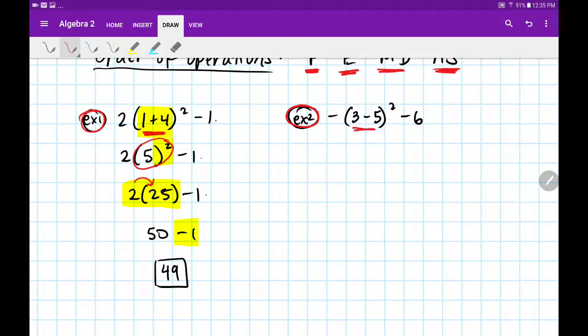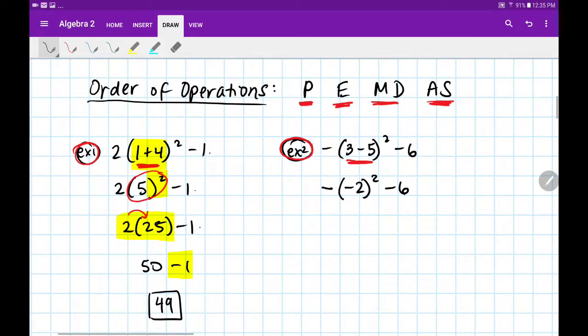Let's do number 2. Focus inside the parentheses first. So everything else, we're just going to rewrite it. Don't touch anything. 3 minus 5 is negative 2. That gets squared, minus 6. All right, next step. After parentheses, exponent. So carefully, I need negative 2 times negative 2, which is positive 4.